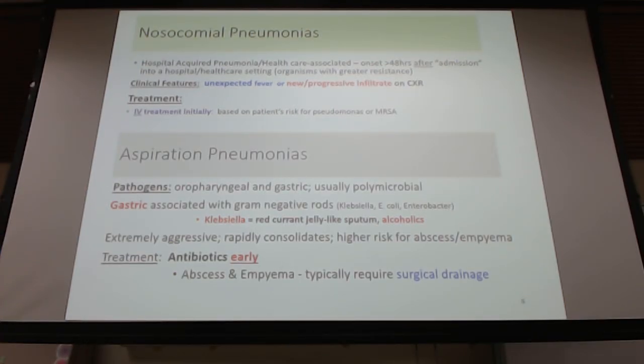We've got the nosocomial, which covers ventilator-associated and healthcare-associated. These are, like I said, healthcare settings: homeless shelters, dialysis centers, anything where there is a high level of disease. Organisms usually have greater resistance. These are our MRSAs and our Pseudomonases.